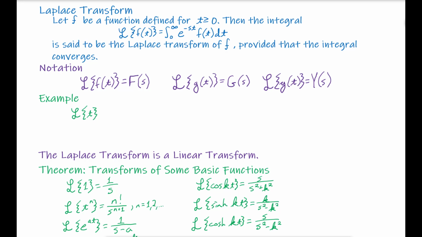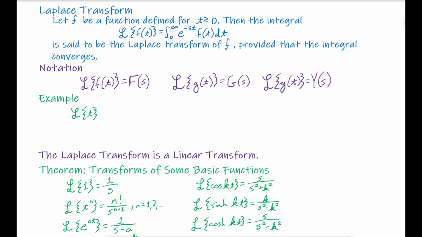So that's why s is an independent variable with that capital F function that denotes the Laplace transform. Similarly, if we take the Laplace transform of g of t, we're going to write that as capital G of s. And not surprisingly, the Laplace transform of lowercase y of t is going to be capital Y of s.